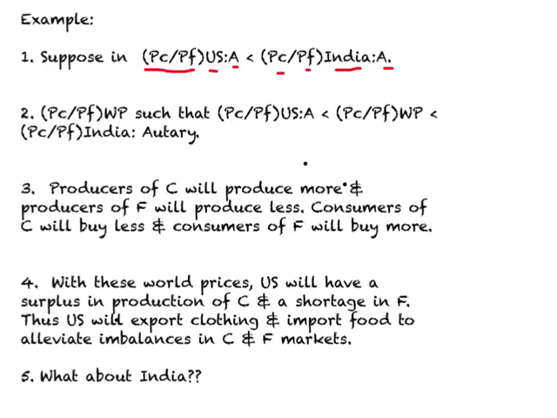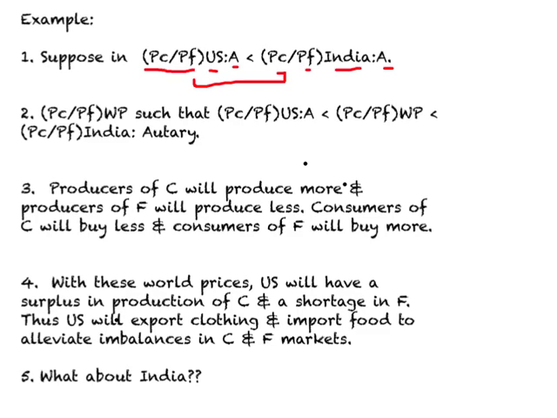So both these statements are correct. So there is a difference between pre-trade or autarky prices between the US and India. Clothing is relatively cheaper in the US and food is relatively cheaper in India.